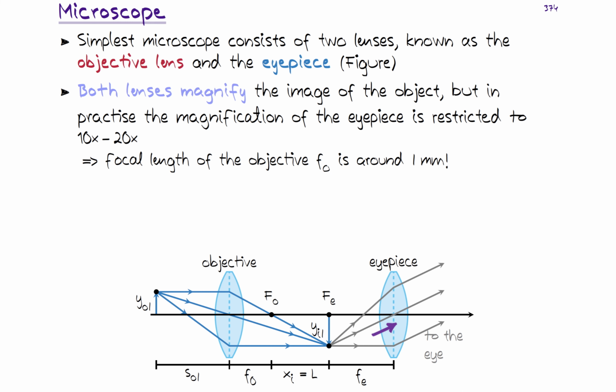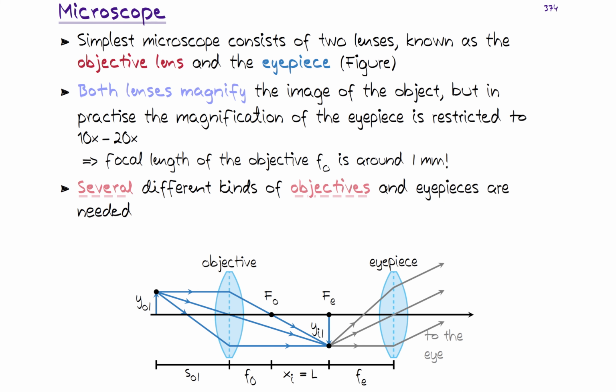So then we want to look at how objective lenses are used in practice to understand how we do microscopy. There are several different objectives and eyepieces that will be needed when we are doing a real inspection. And why is this so?